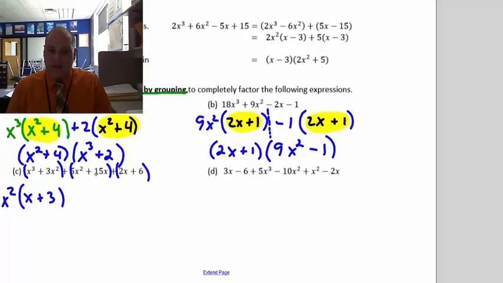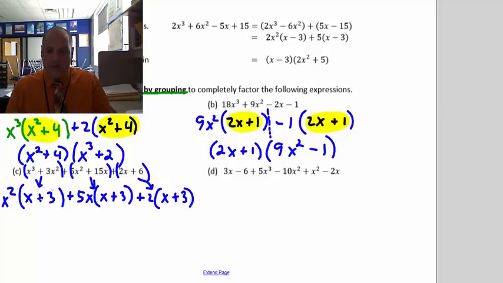Okay, what's a common factor here? 5x. What's left over? X plus 3. What's a common factor here? Common factor of 2. What's left over? X plus 3.